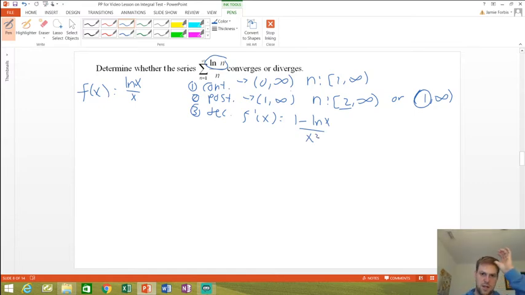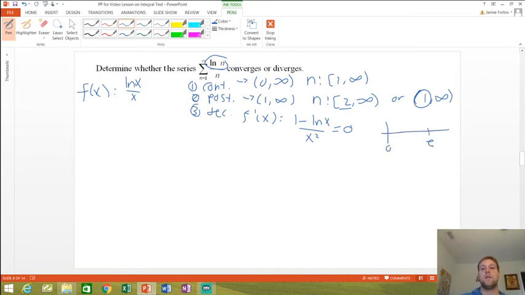And again, you can do that derivative on your own if you want to make sure, but I'm setting that equal to 0. Where that's equal to 0 or undefined is at 0 and e.